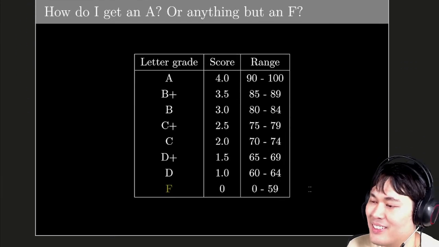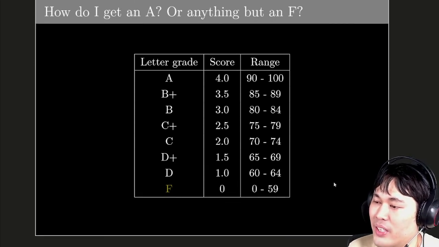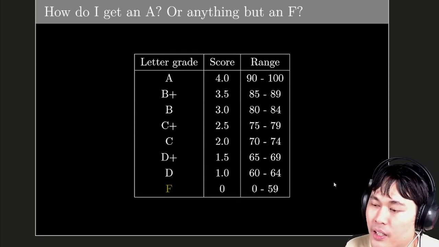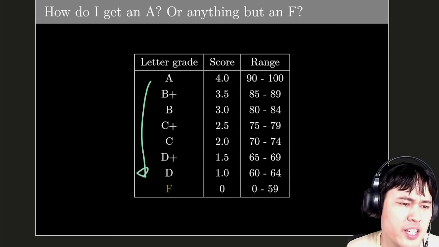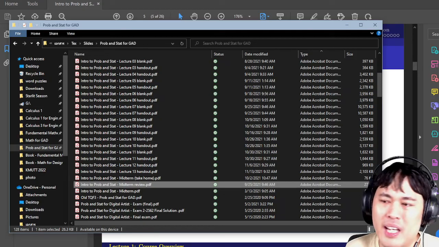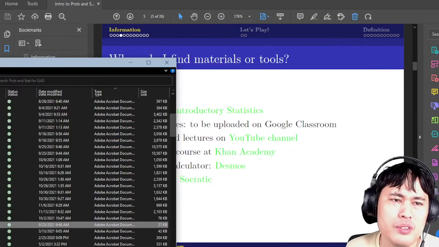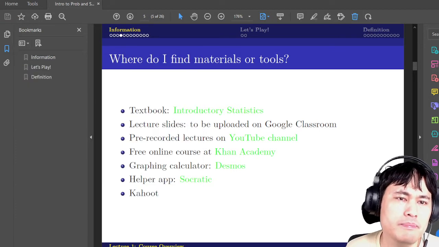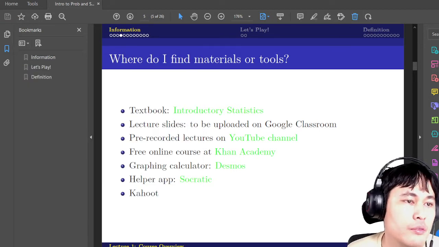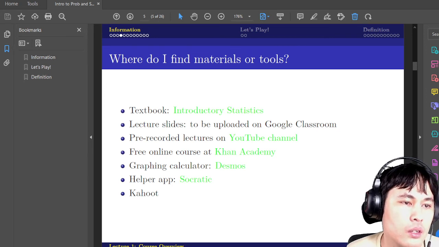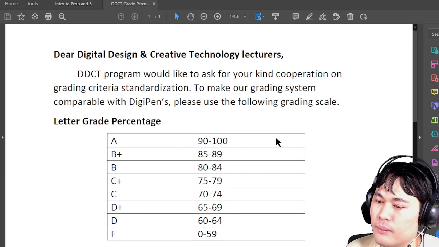Right, and oh yeah, grades. We use this grading scale. F. Well, let me double check if they changed anything, but I'm pretty sure that's what we use. Okay, there it is.